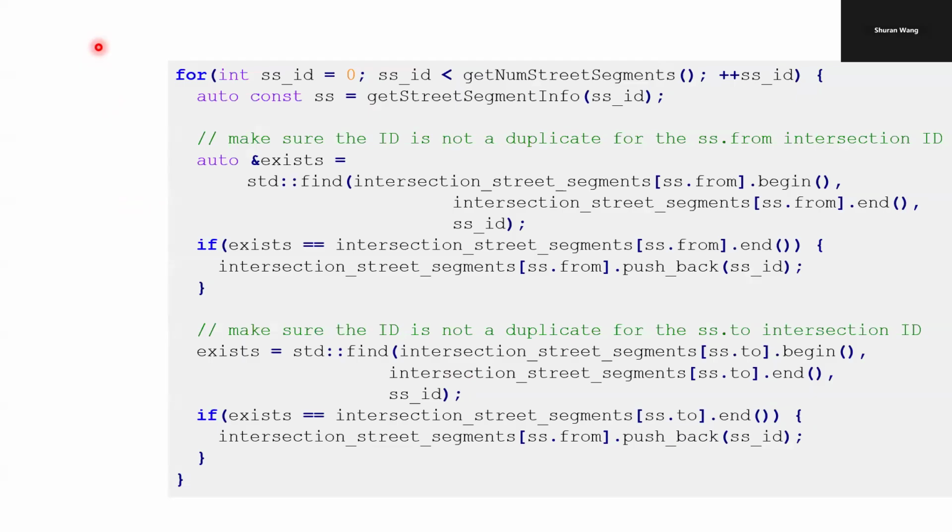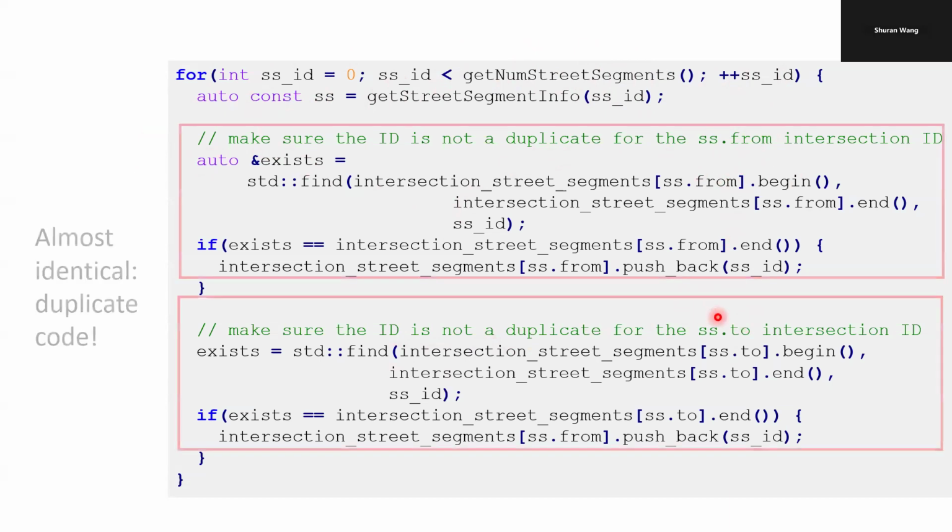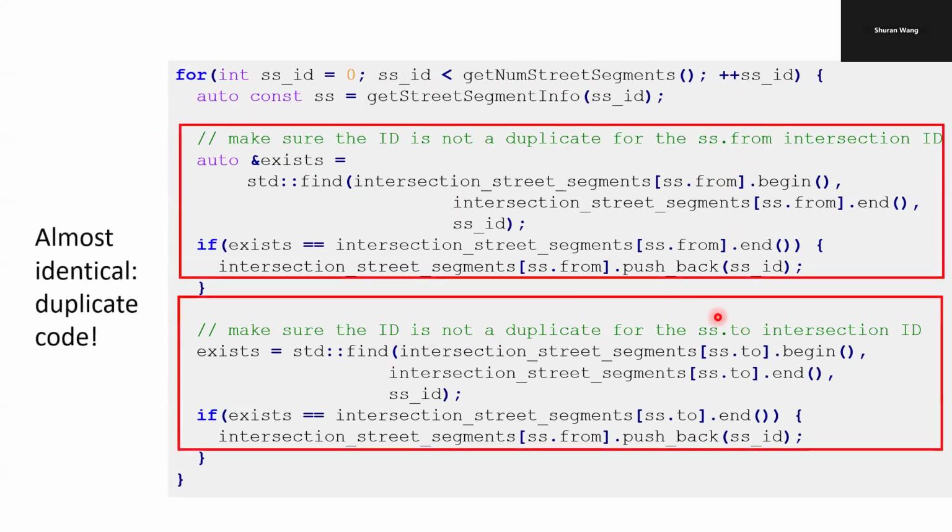Let's see this for loop. We have the for loop that loops through the num segments, 3 segments, and we are finding ss.from and thus ss.to. These 2 code blocks are almost identical. It's just that we are switching from ss.from to ss.to.